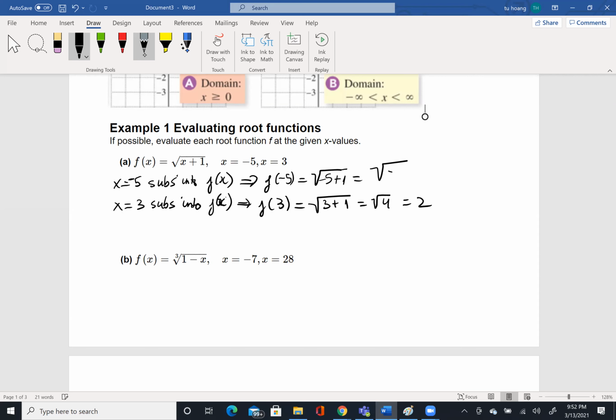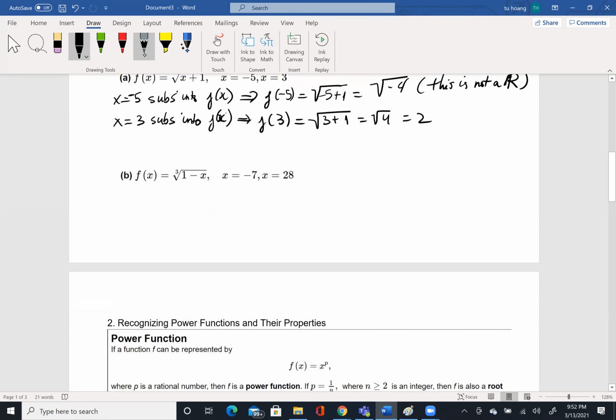Square root of -4 is not a real number. Okay, this is not a real number. For x equal to 3, substitute into f of x, so you're going to have 2, right? Okay, let's move to part B.